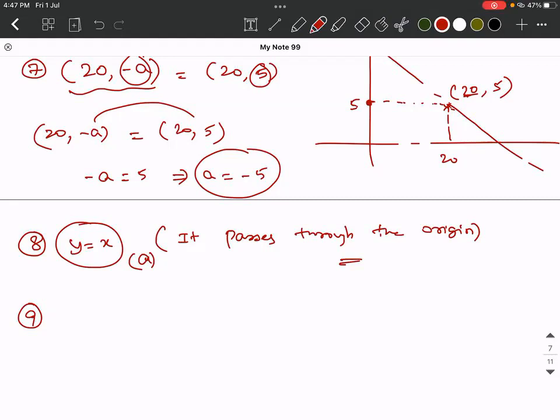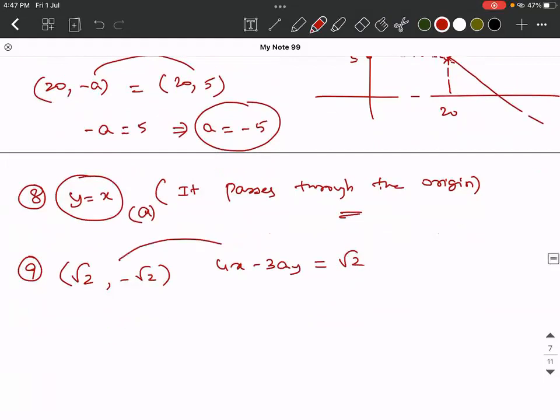9th one. If (root 2, minus root 2) lies on the graph of 4x minus 3ay equal to root 2, then the value of a equals? So take this and substitute it here. 4 root 2 minus 3a into minus root 2 is equal to root 2.